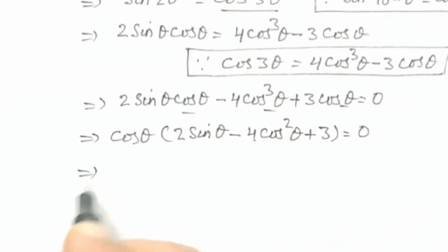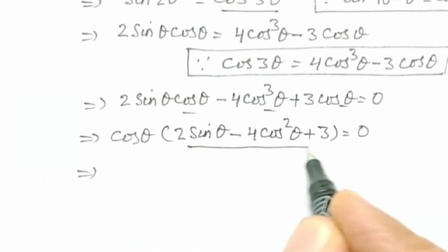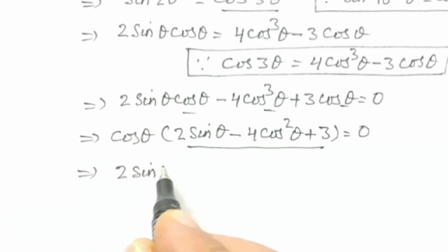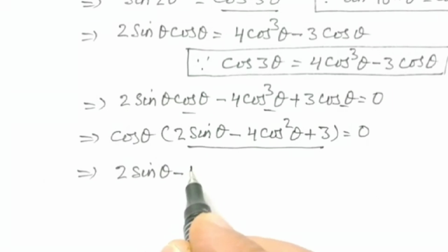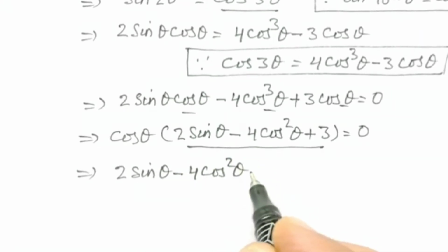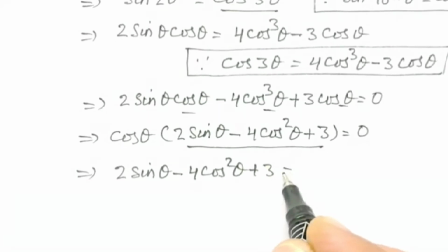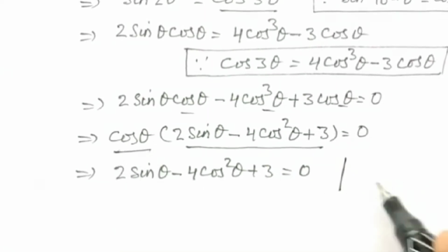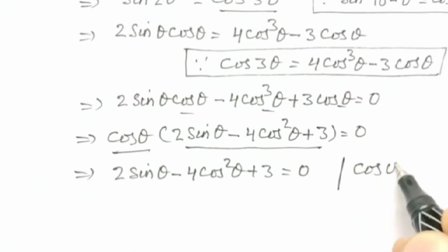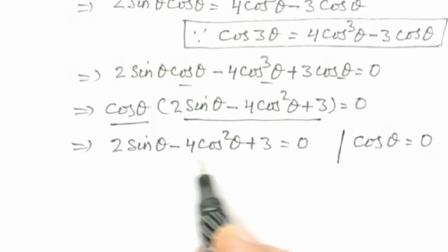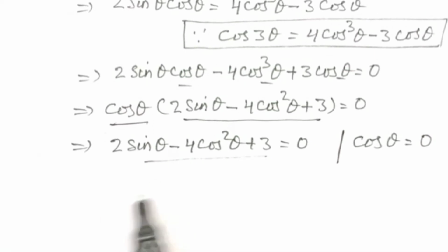Now we have two cases: first this, 2 sin theta minus 4 cos square theta plus 3 is equal to 0, and this, cos theta is equal to 0, right? Now we will go with this.